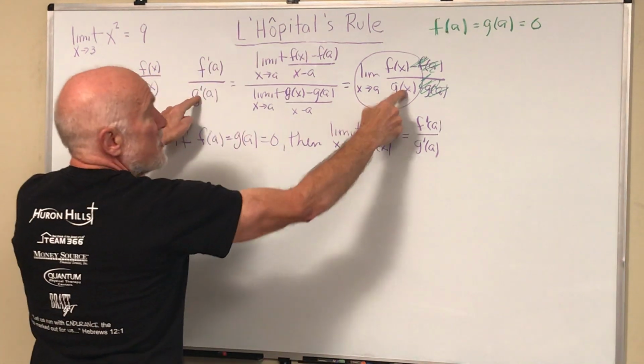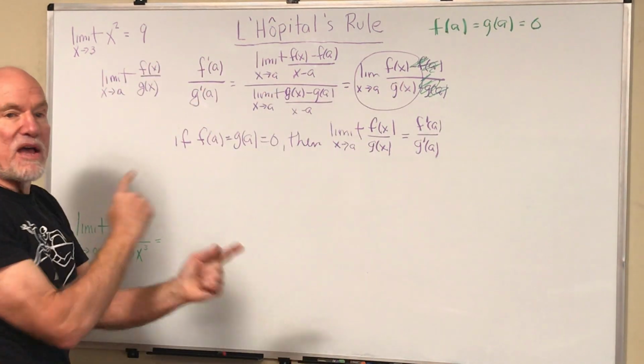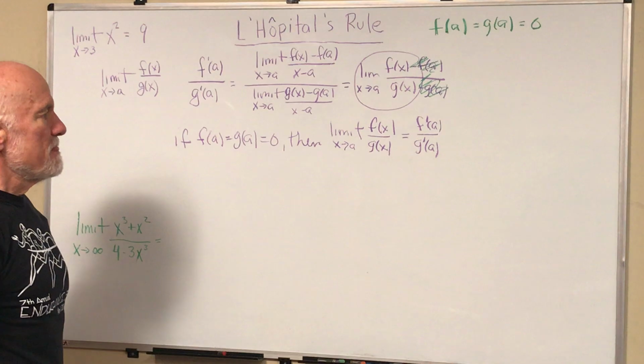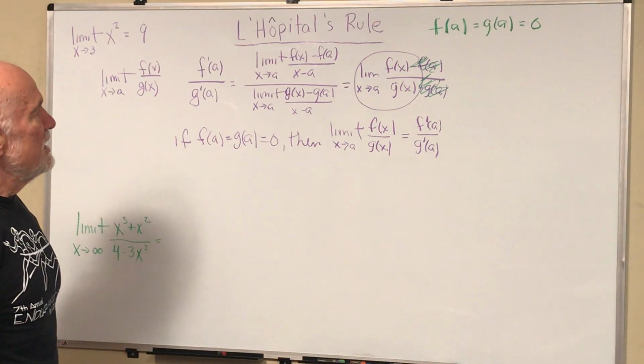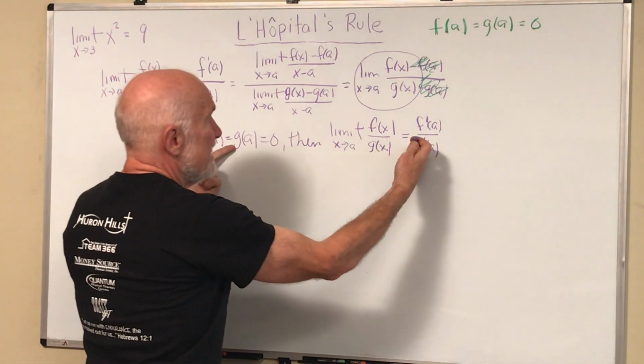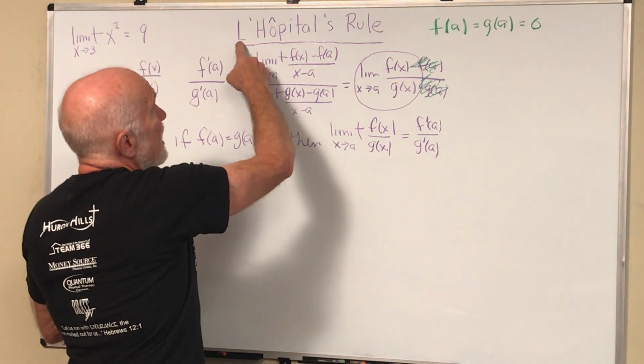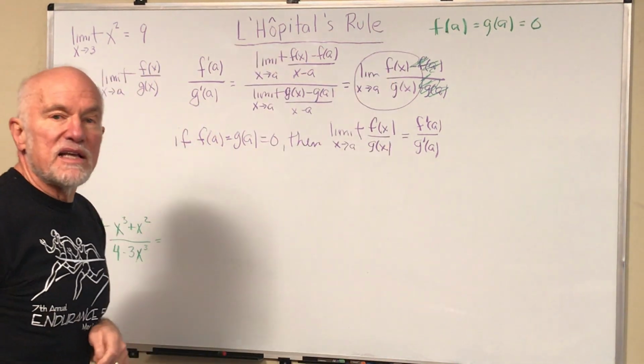If this equals this, then this equals this. It doesn't matter the order we put it. So this is one form of L'Hopital's rule.